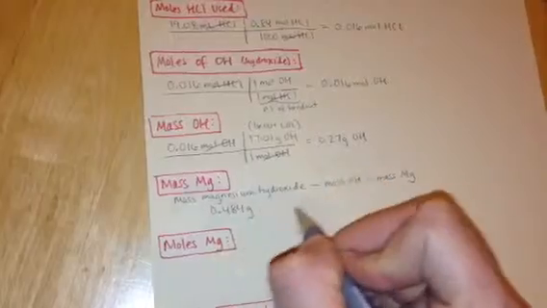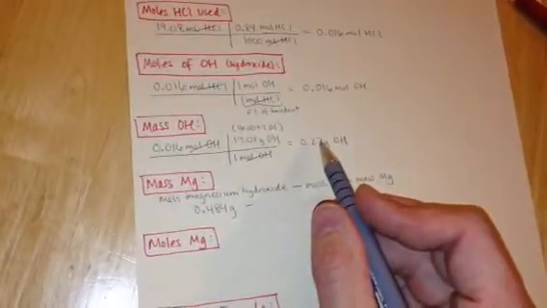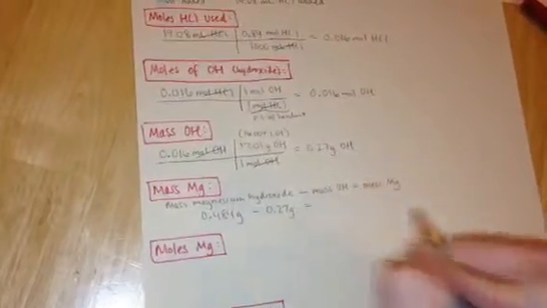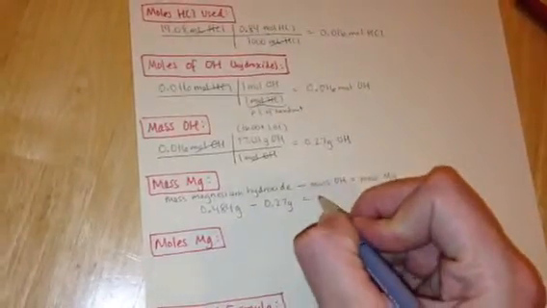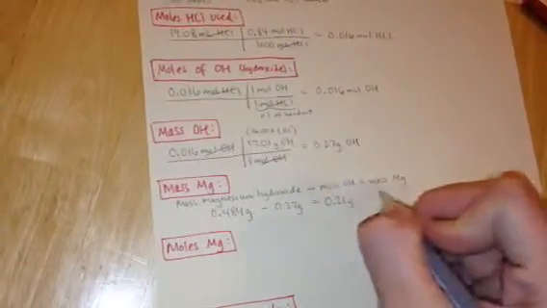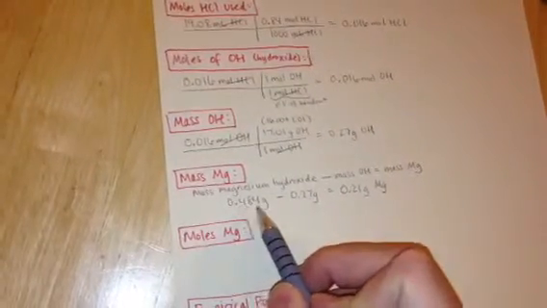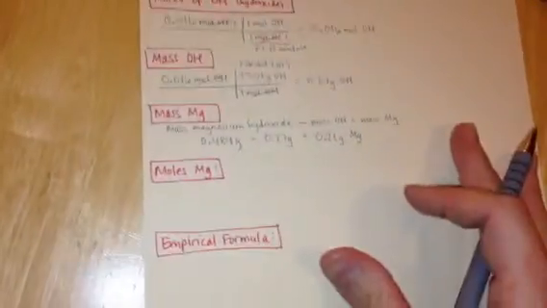The first thing we calculated. And the mass of OH we just calculated here, 0.27 grams. So that means the mass of magnesium is 0.21 grams. And again, this is 2 decimal places and this is 3. You have to go to the least precise, so this would round to 0.21 grams.